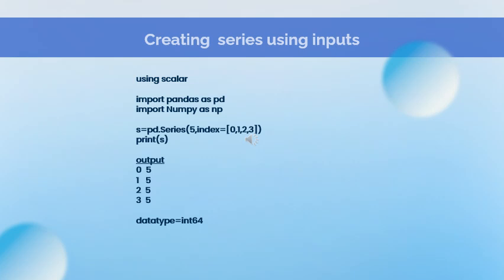Print s. The output is, in 0, 1, 2, 3, the number 5 is repeated. That is nothing but using a scalar: the number 5 is repeated in all the indexes. Here the data type is int64, because I am using an integer value and the system is 64-bit.